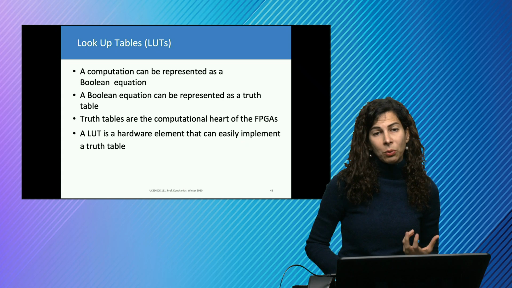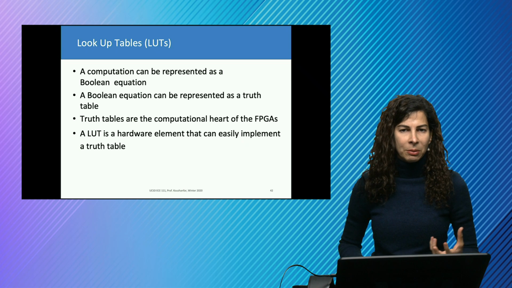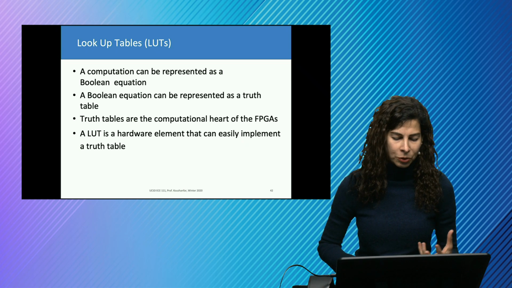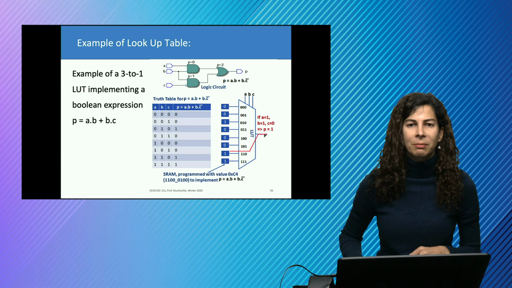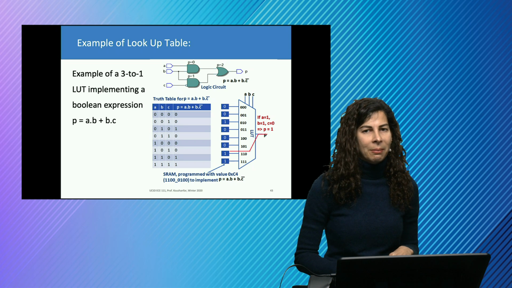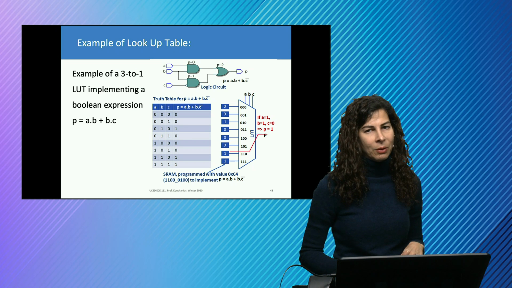So Boolean equations can be represented by truth tables, and the truth tables are the computational part of the FPGA, and LUTs are implementing that. Here is an example of a lookup table using a mux.